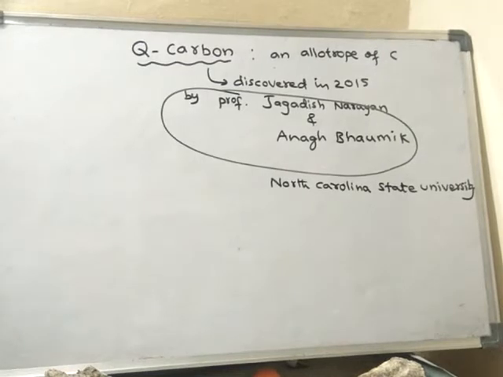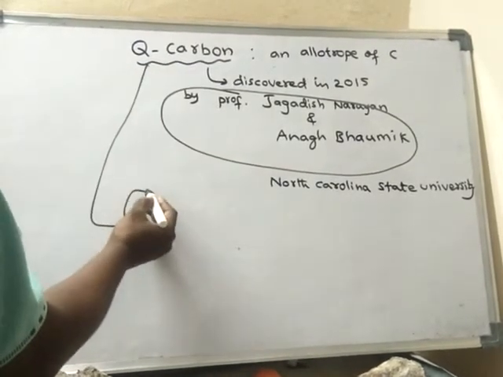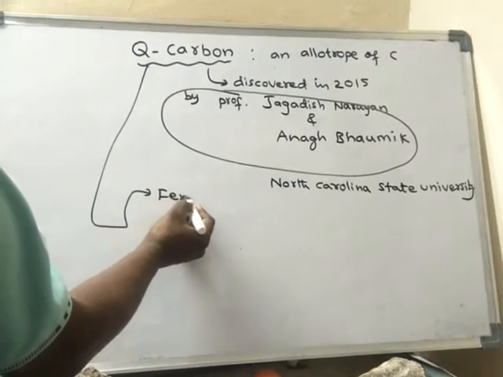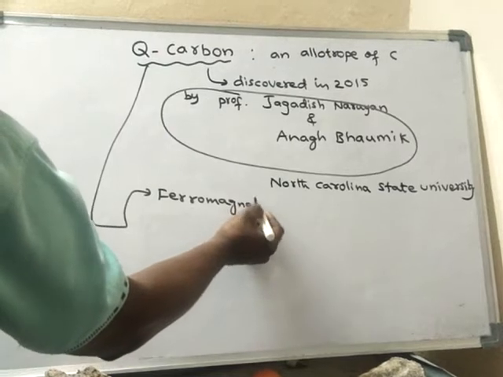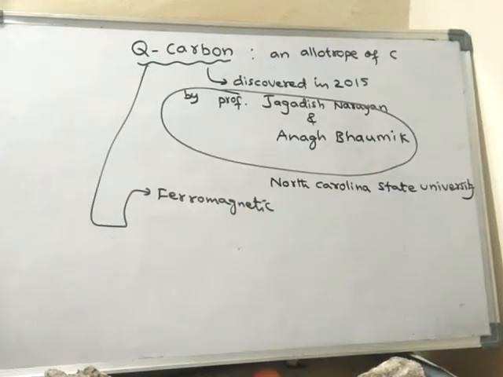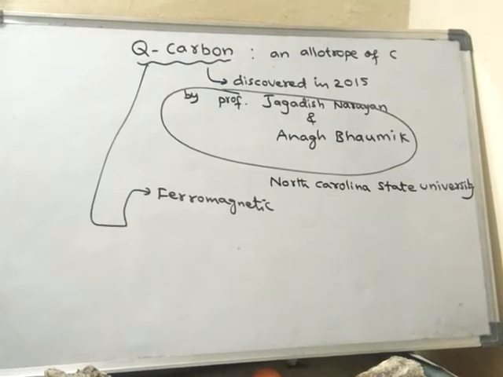So what is the importance of this Q carbon? Q carbon is ferromagnetic in nature. What are ferromagnetic substances? The substances which can be used to make permanent magnets. Q carbon is ferromagnetic in nature.